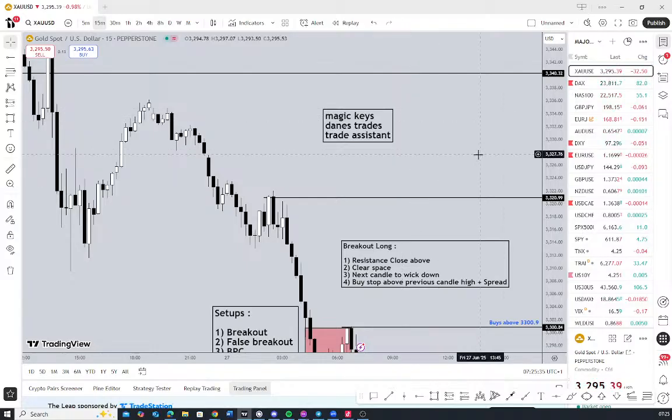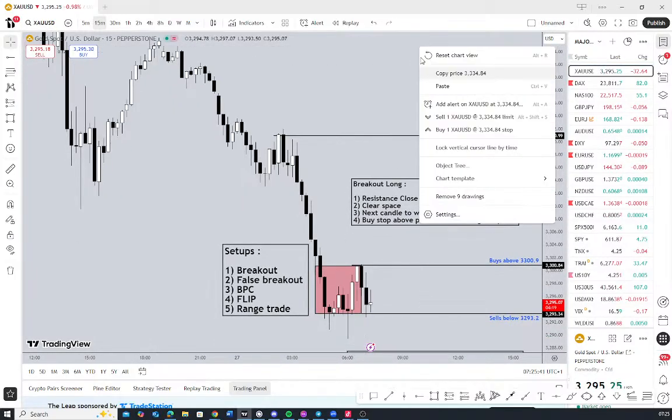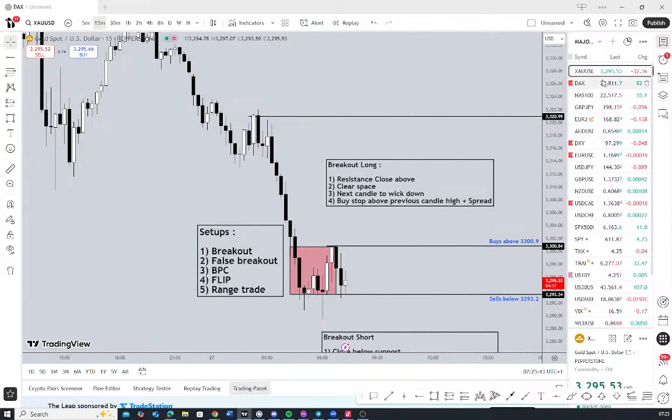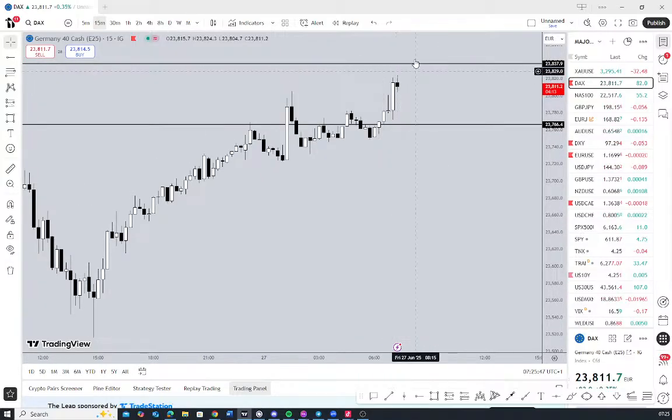Yeah, we looked at the DAX a minute ago. Let me come back to it. Let's have a look, see what's going on with the DAX. Yeah, it's right in a resistance area, so I'm going to stay away from that one.